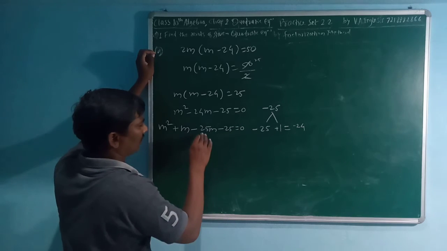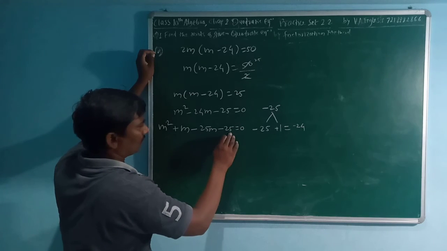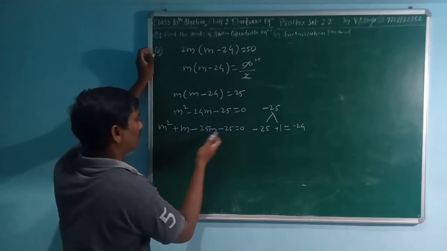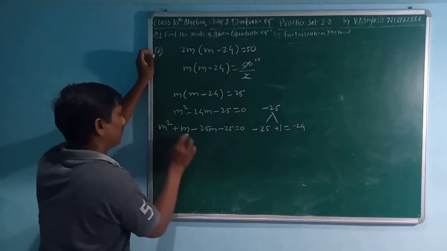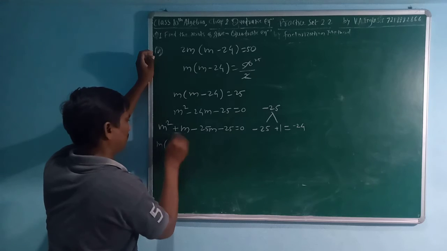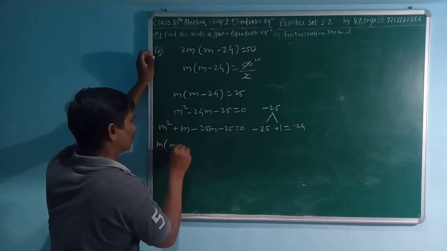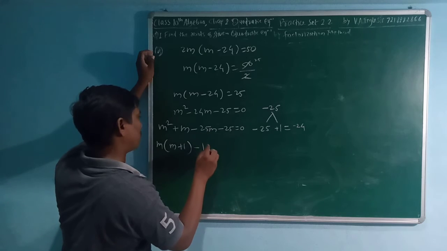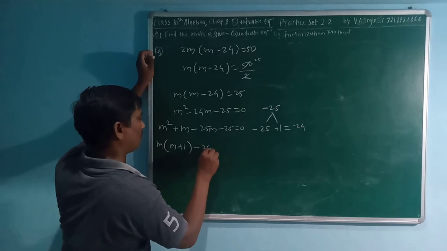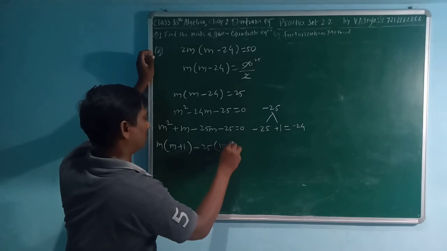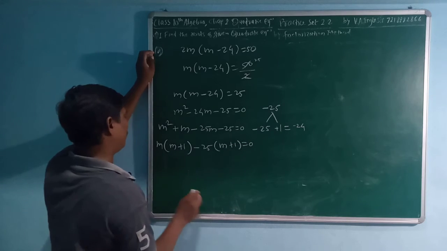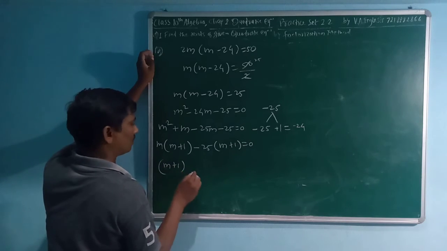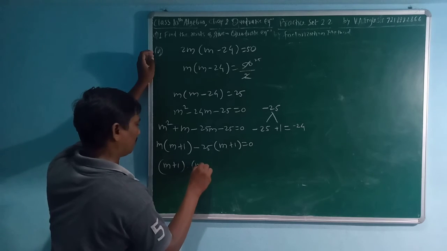I am writing this so that it will be easier to take out common. Now here you can take m as common, so it will be m plus 1 here. Now if you take minus 25 as common, you will have here m plus 1 equals to 0. So m plus 1 bracket we are writing only once because it is common, and remaining m minus 25 will be there.